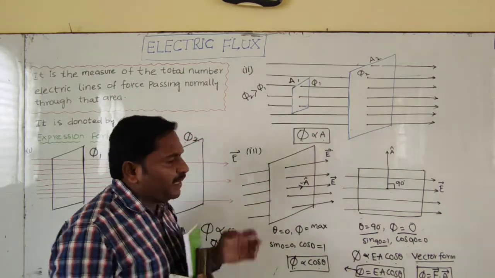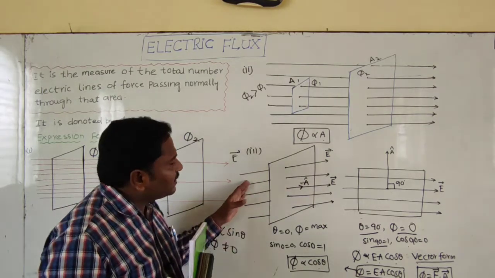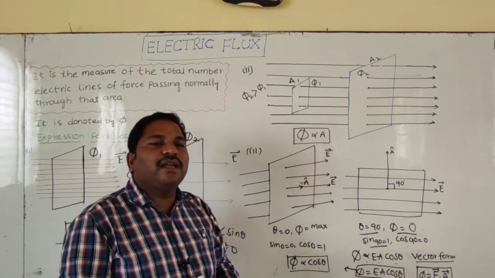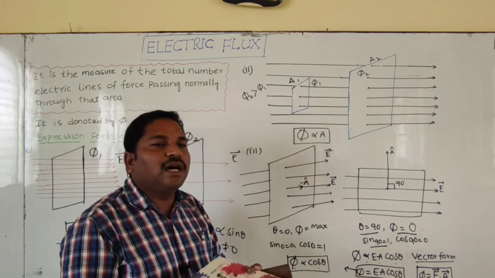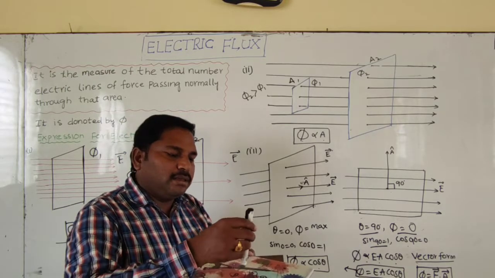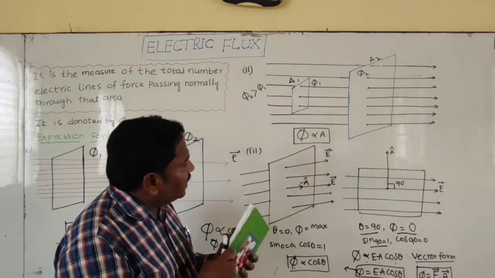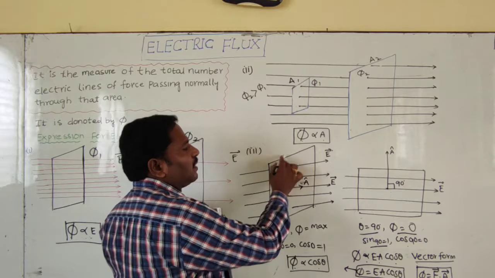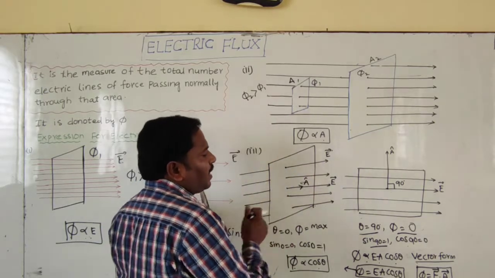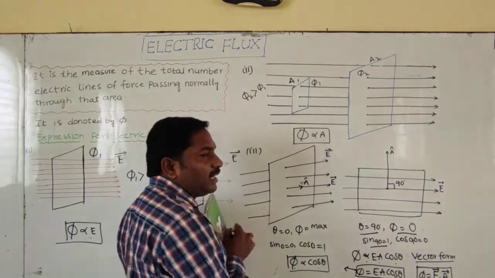Next, the third experiment. Keeping the number of lines and the area of the loop constant, we are just varying the orientation of the loop. The direction of the normal to the loop is varying. Here the electric field lines cross the surface normally, and the area vector and electric field vector are in the same direction.